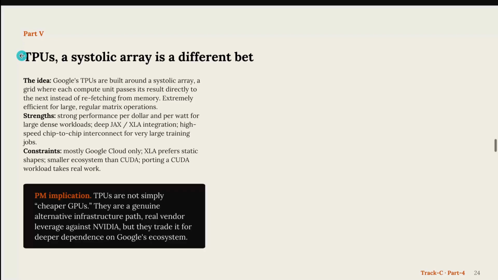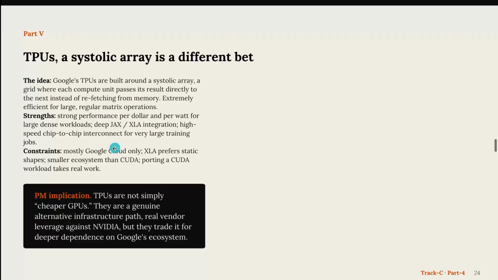As a real strength, they have very strong performance per dollar and per watt on large dense workloads. But the problem is that we have to use Google Cloud only for that. Accelerated linear algebra prefers static shapes. So if something is not changing much, using Google Cloud and Google's TPUs is the best way.